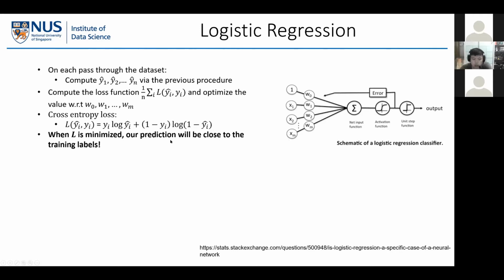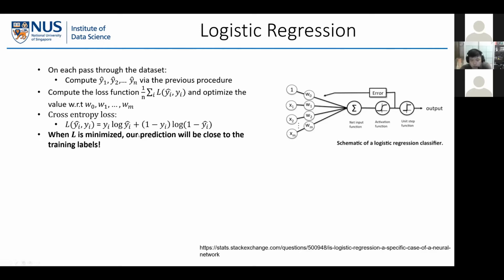But what this function does is basically, so yi is either 0 or 1, right? When your label is 1, you want your probability yi hat here to be as close to 1 as possible. And when this thing is 1, the log of 1 is 0, and so this loss is minimized. On the other hand, when yi is 0, this quantity 1 minus yi hat here is the probability that your data point belongs to class 0.